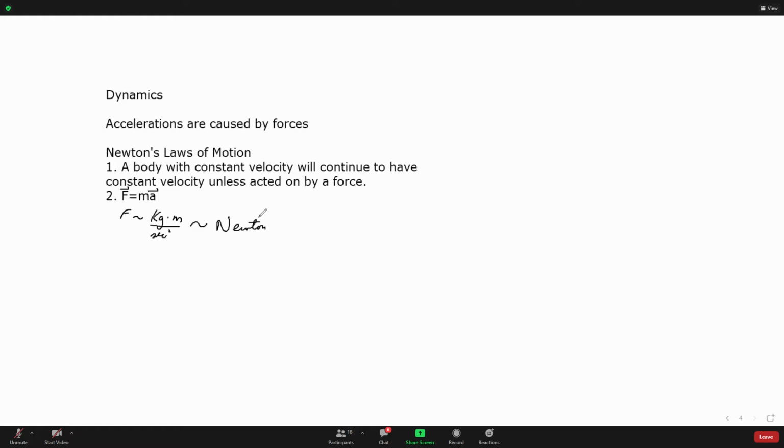We usually just use the symbol capital N for it. So what is 1 Newton? It is the force necessary to accelerate a 1 kilogram mass at 1 meter per second squared. That would be 1 Newton.